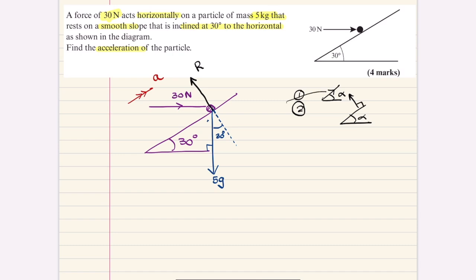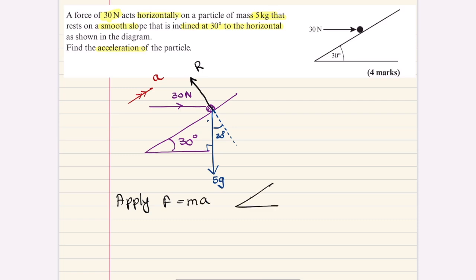Now let's start with the first equation. If the first equation is not enough, we'll have to apply F equals ma perpendicular to the plane as well. So first let's apply F equals ma along the plane upward direction.